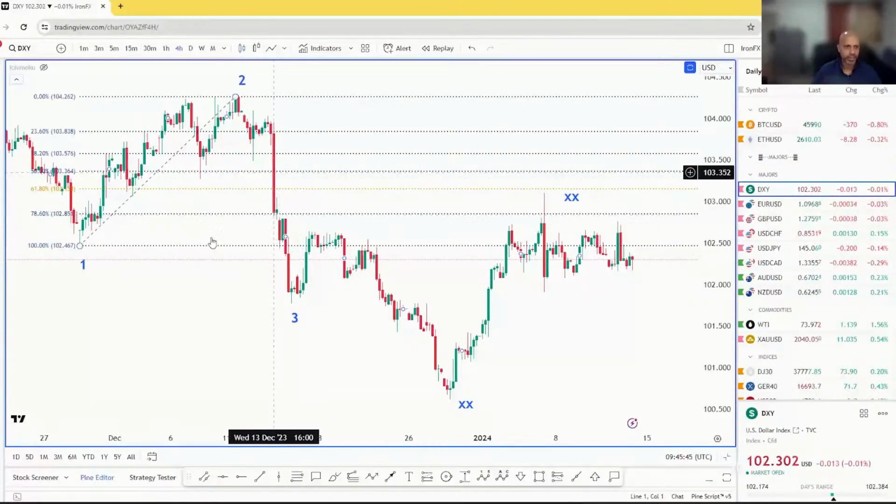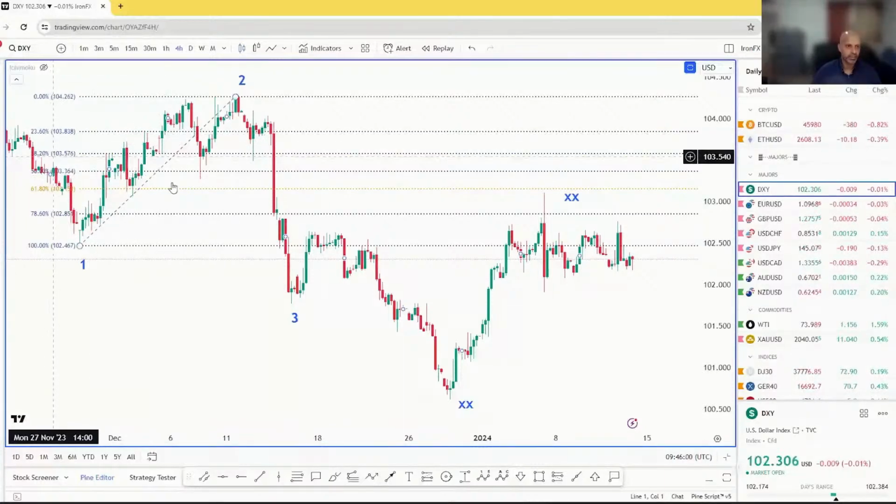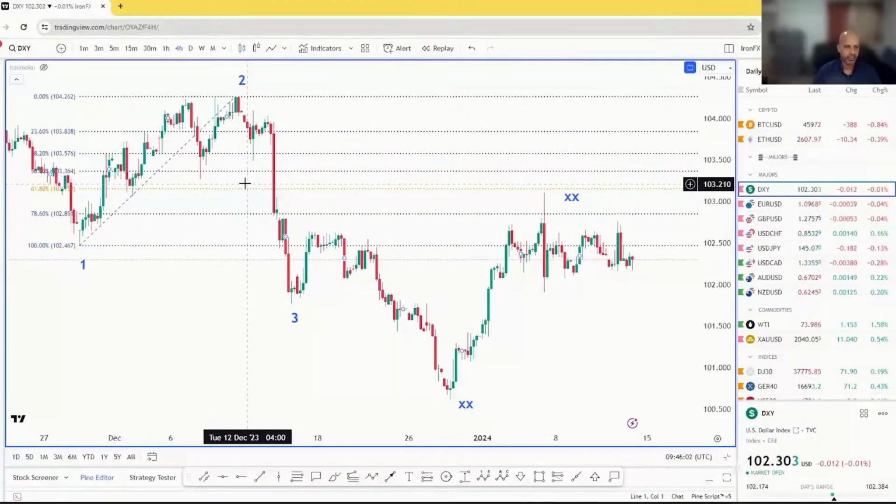You can clearly see how the retracement levels help us identify potential support or resistance levels. The key word here is potential. Nothing is set in stone. It doesn't mean price has to react off each level, but it's just helping us identify potential support or resistance levels.